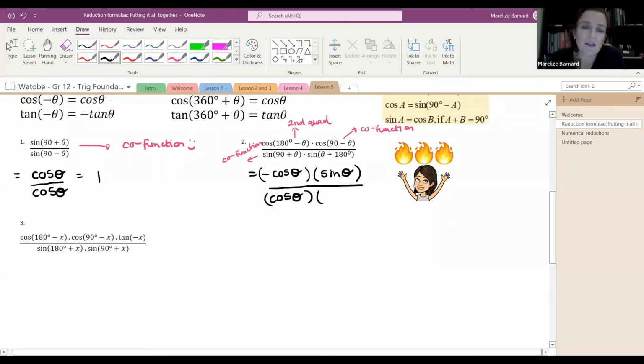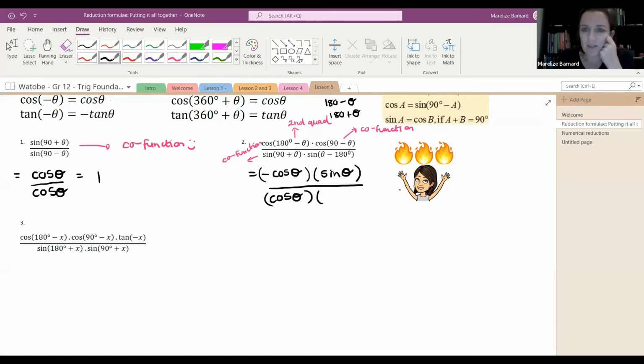Sine theta minus 180. A little trick here. We are obviously used to seeing 180 minus theta or 180 plus theta. This is a negative angle, but this isn't immediately clear what quadrant that is in. So to help us, what we can do is just add 360 degrees to it.